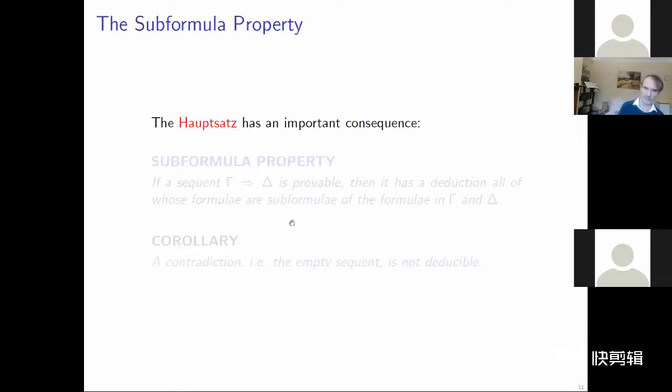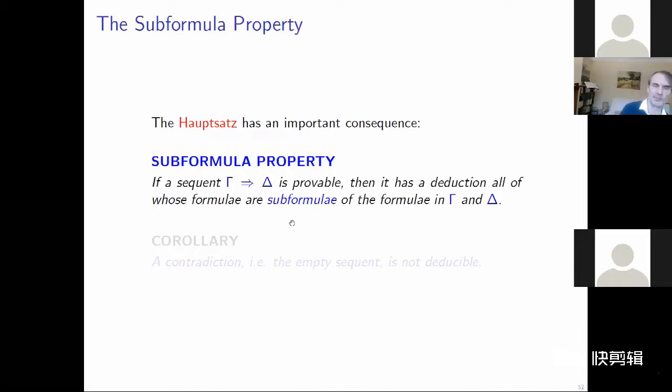Okay, Gentzen's Hauptsatz has an important consequence, namely the subformula property. So if a sequent gamma arrow delta is provable, well then by the Hauptsatz, we know it's provable without cuts.